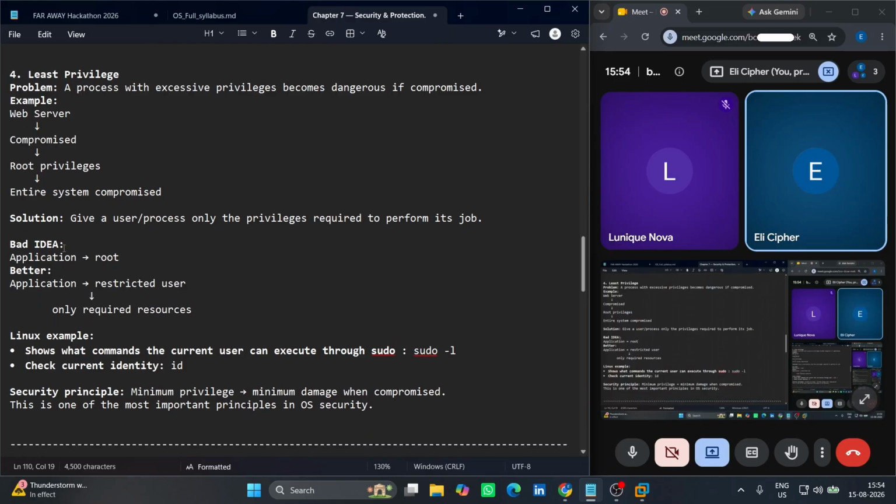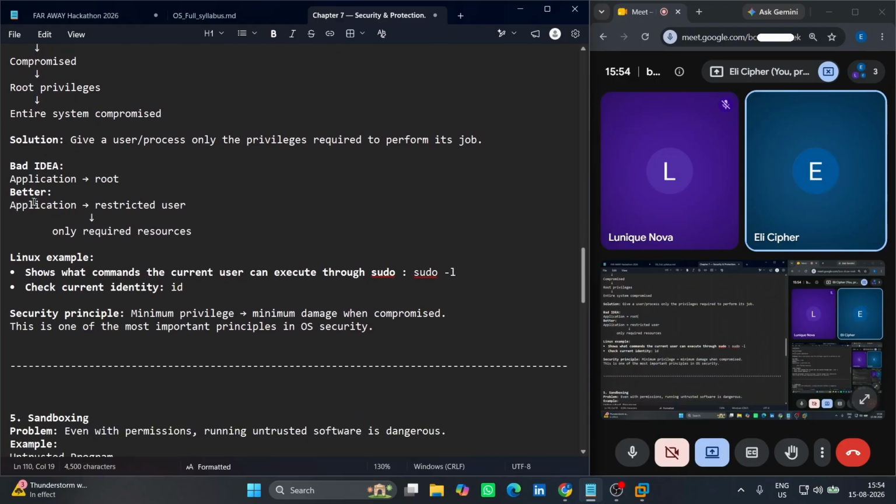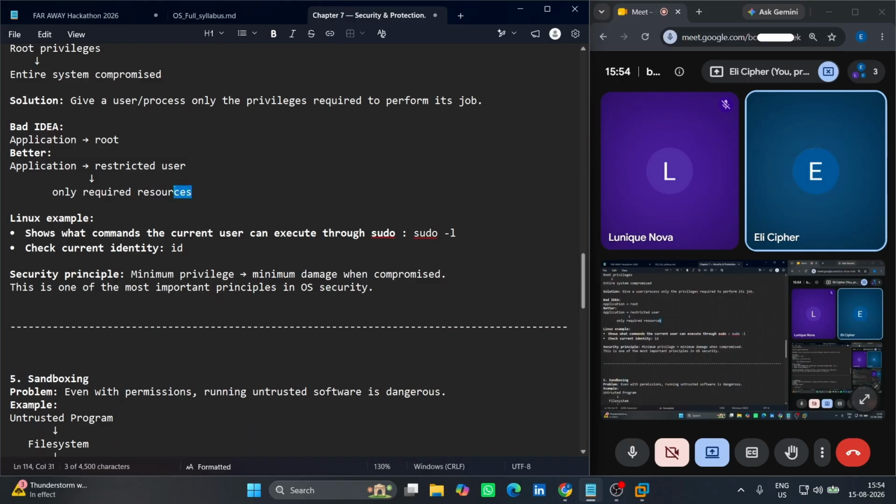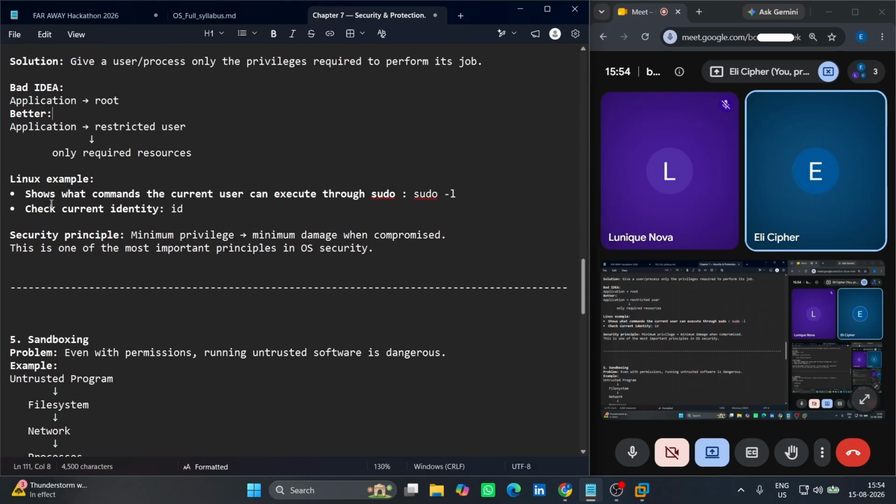So the bad idea is that an application should have root privilege. No, it shouldn't. What is better? Applications should have a restricted user, and that restricted user should have only the required resources, right? This is best because if it has only the required resources, it cannot go to root, and if it is not able to go to root, then we have saved a lot of things, right?